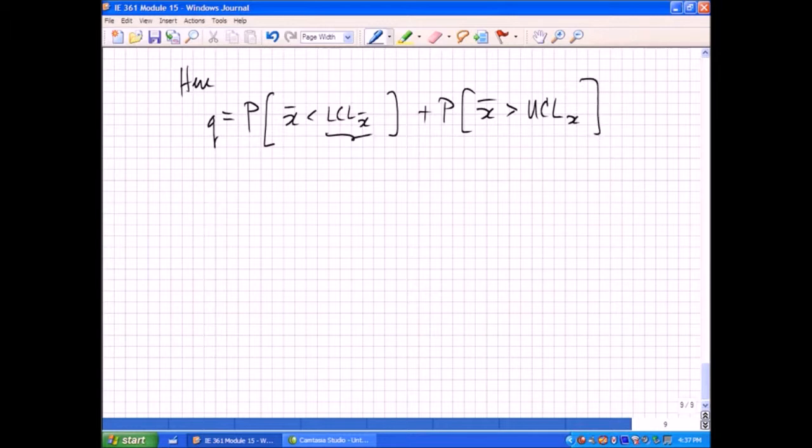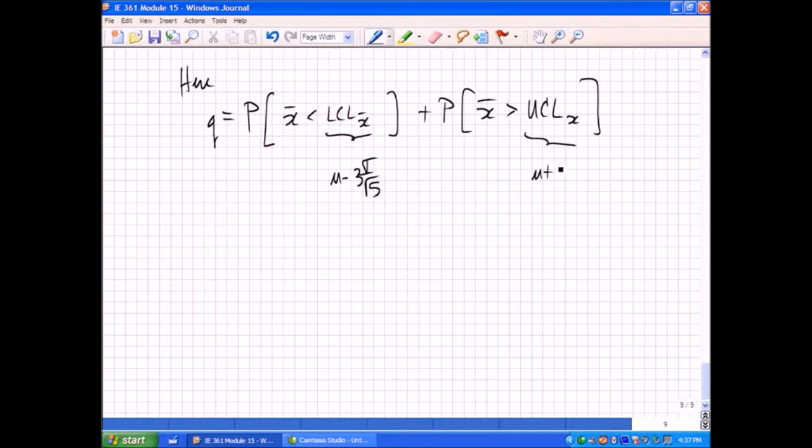And this is still mu minus 3 sigma over the square root of 5, sorry, this is not plus, this is minus.